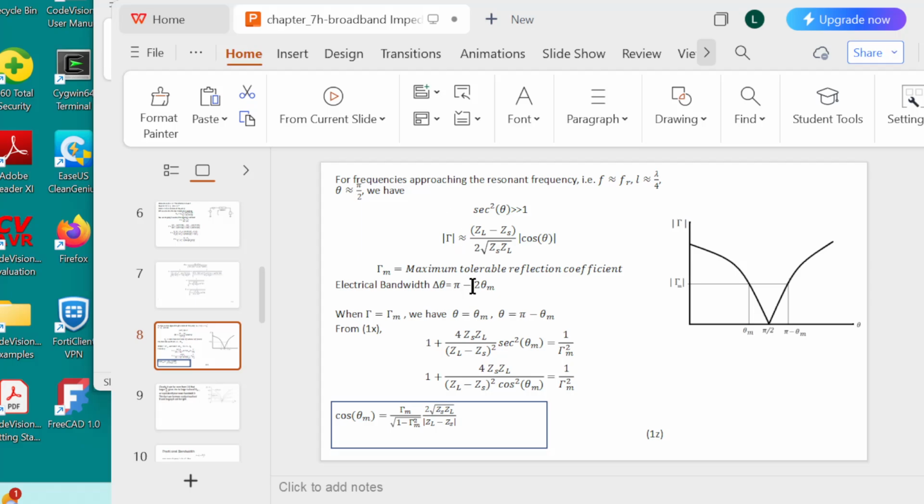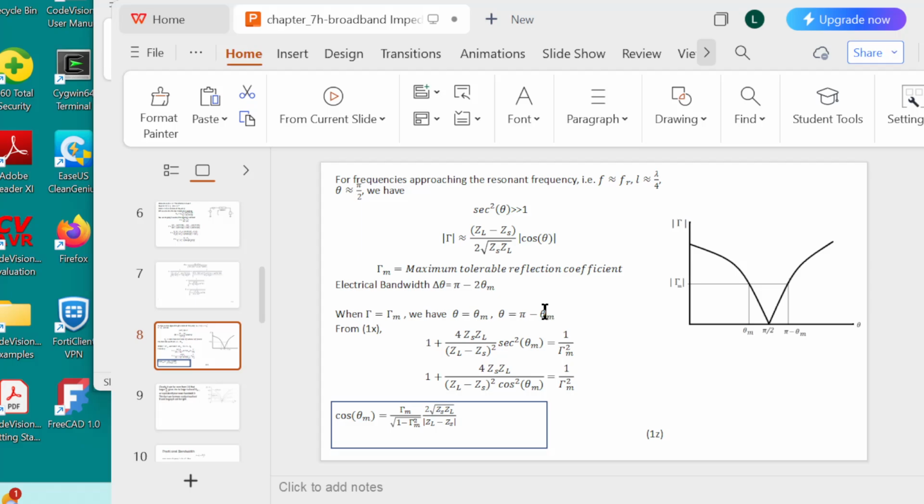Now let's take a look at a situation where the frequency is not close to the resonant frequency. Let's also assume that this frequency, this electrical wavelength, corresponds to a reflection coefficient, gamma m. So I'm now talking about this formula. When beta l is equal to beta m, beta is also equal to pi minus beta m.